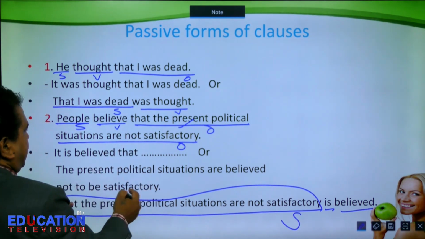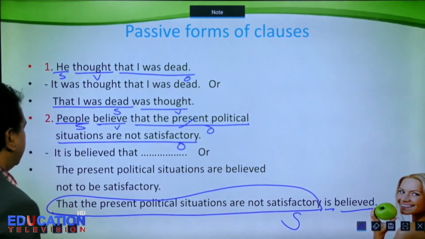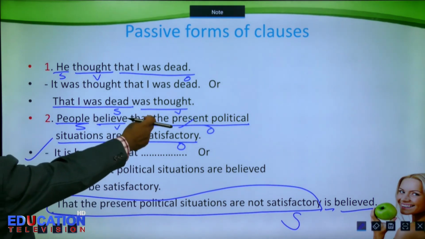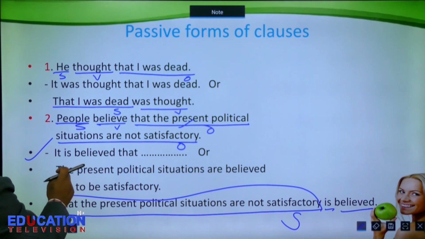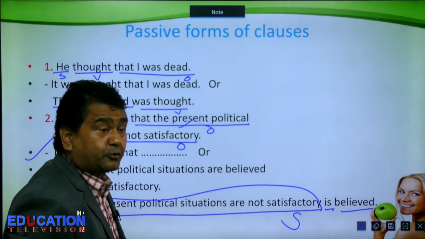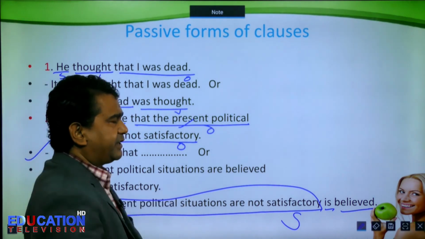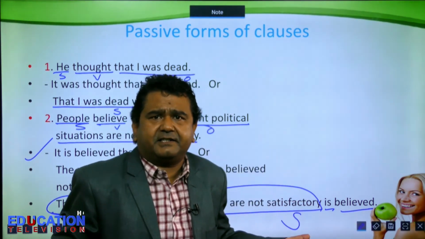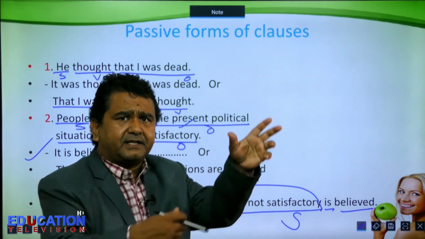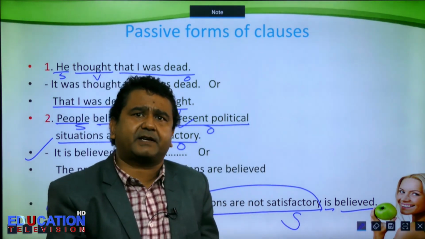And because believe is present tense, is believed. Next one is, start with it is. Another is, start with the present political situations: The present political situations are believed not to be satisfactory. Finished. Even clauses are easy. Either you can start with that, taking the entire object as the subject, or you can start with it.